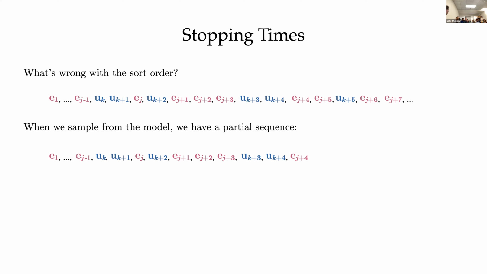The problem is that I don't know, because whether this is E_{j+5} or U_{k+5} depends upon the time of E_{j+5}, because that's what the sort order means. The sort order means that U_{k+5} goes between the last event in the sequence at a time before U_{k+5} and the first event in the sequence at a time after U_{k+5}.